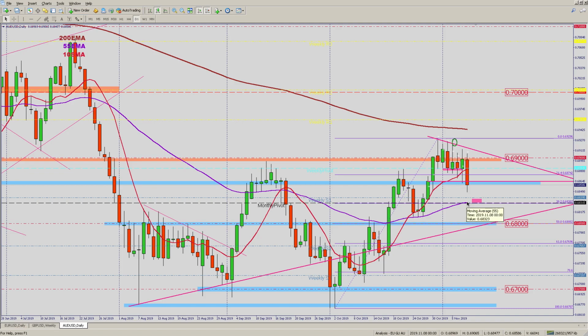The daily 55 EMA and the 50% fib retracement is right at 0.6800. So this alignment is quite good, quite accurate.